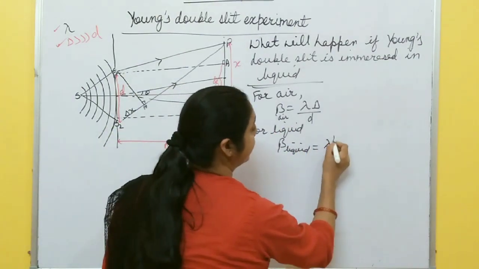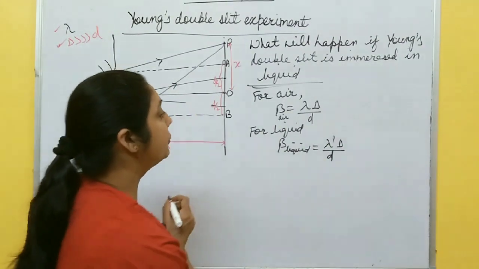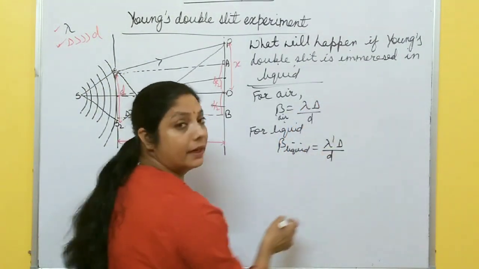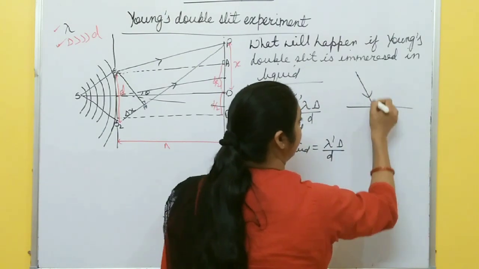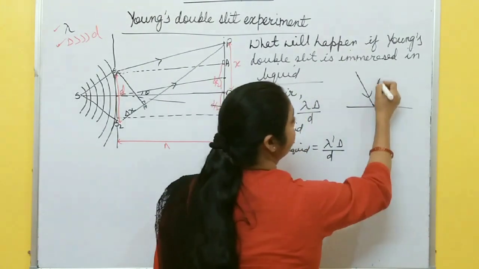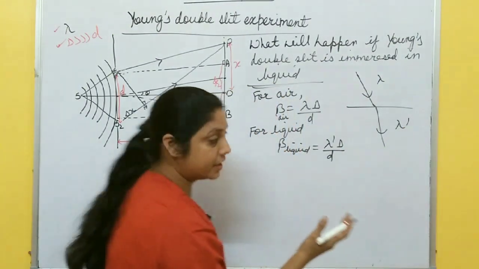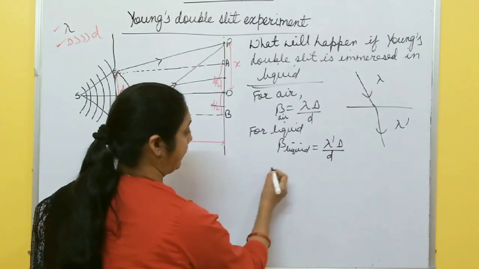So you take lambda dash capital D by small d. And you know the relation between lambda and lambda dash. When light travels in air and enters the liquid, its wavelength changes, its velocity changes. So what is the relation between lambda and lambda dash?